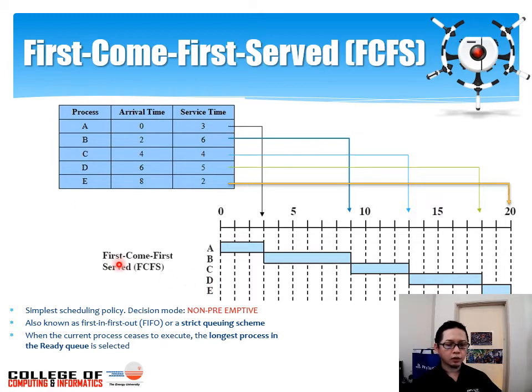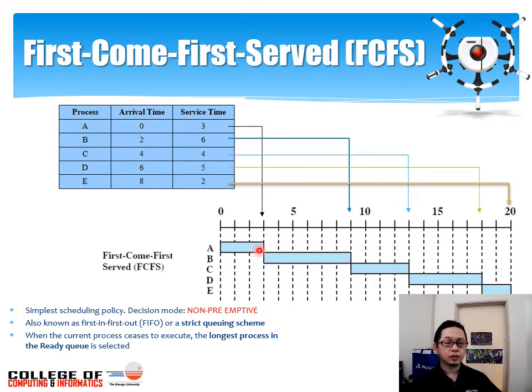Next, how do you accommodate it into the diagram? We see here the service time for process A is 3. So you take 3 blocks from this diagram and put them for process A. So 1, 2, and 3.